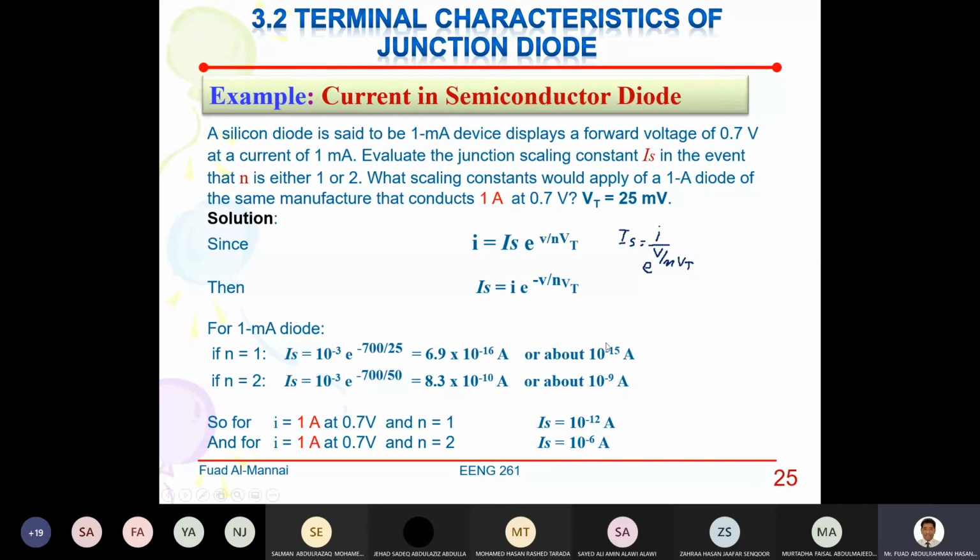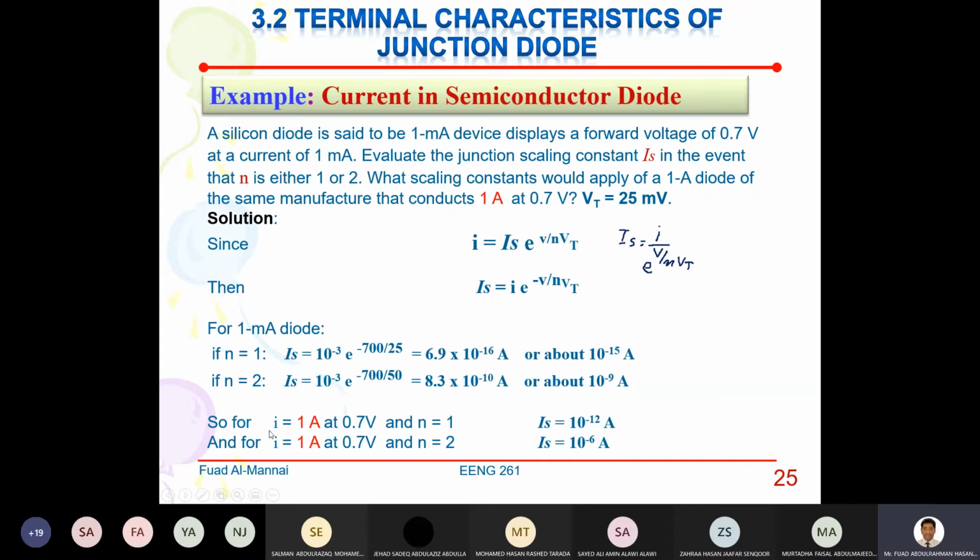So the difference between them is a million. Now back to our question here. He said, what scaling constants would apply for a 1 amp diode of the same manufacturer that conducts 1 amp at 0.7.